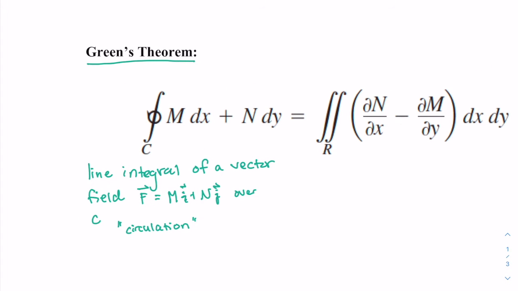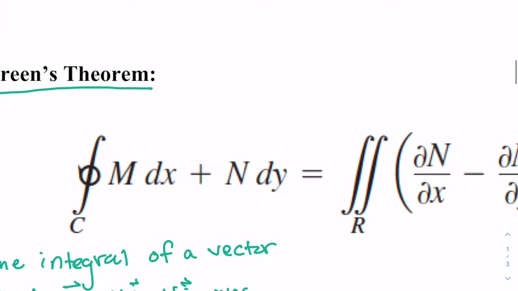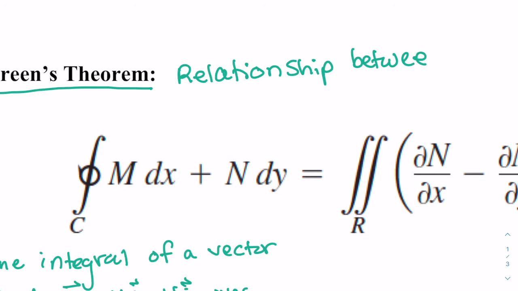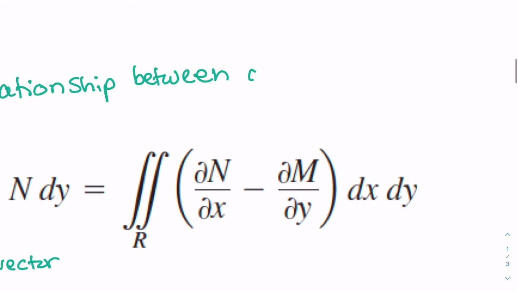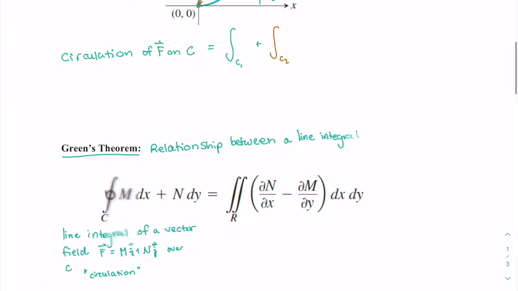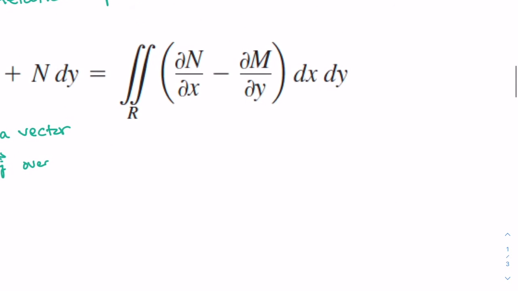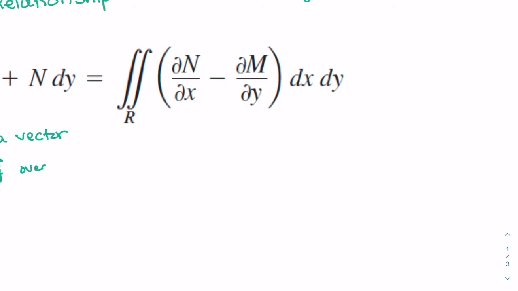What Green's theorem is really, is a relationship between a line integral, and let's look at the right-hand side. The right-hand side is actually a double integral over an area.